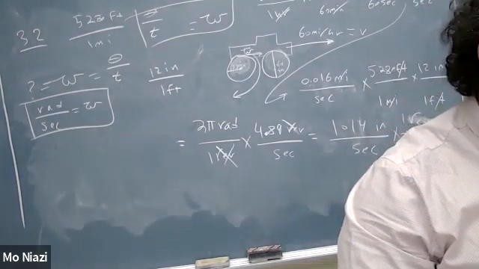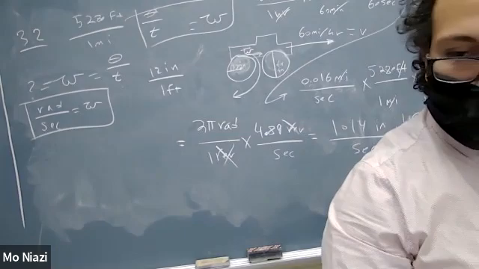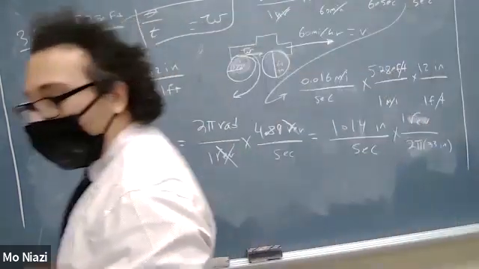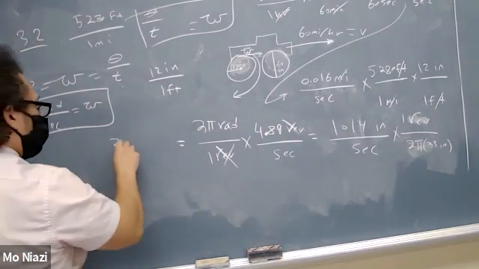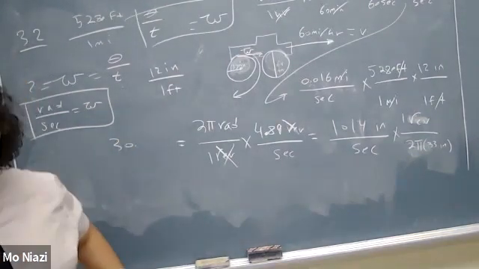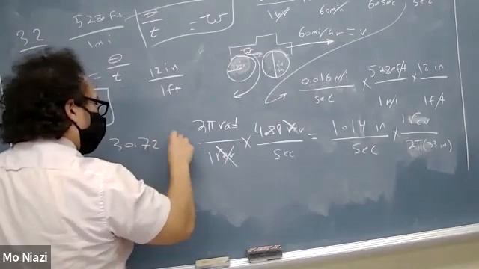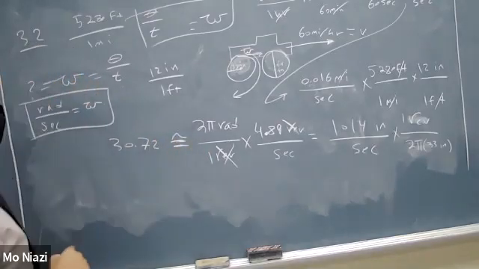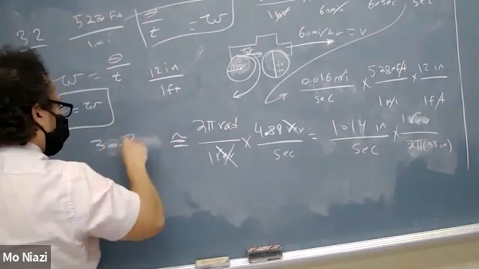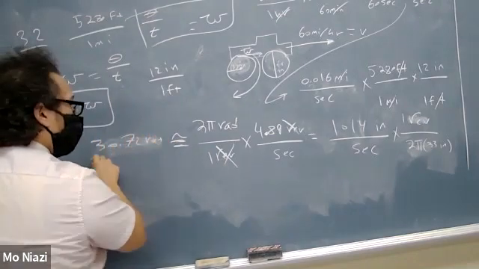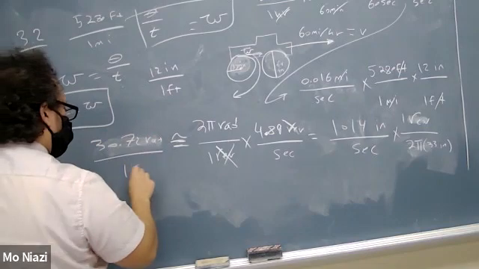This is the reasoning. I want you guys to think like this, because then you'll be able to reason your way through the whole problem. So this ends up becoming 30.72, approximately, radians per 1 second.